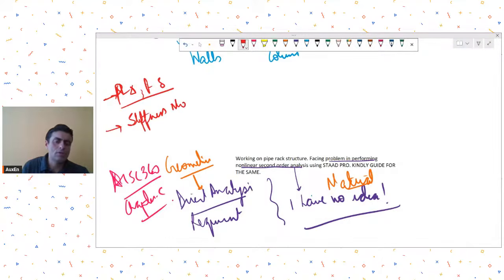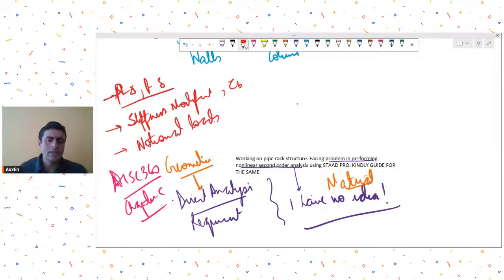These are the requirements of direct analysis, where you also need to consider the tau-b additional stiffness modifier, and where you also have to consider the notional loads. So these are some of the basic requirements of direct analysis, and these options are built into both your ETABS and STAAD.